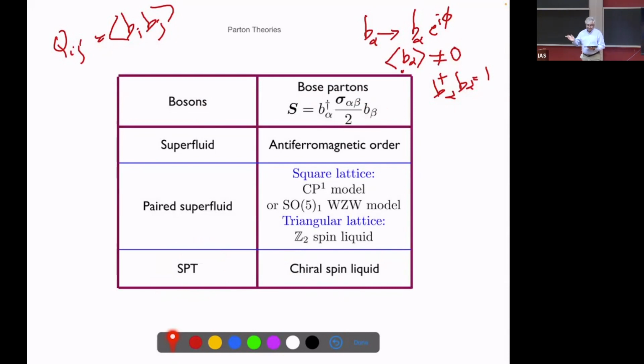But this is a complicated construction and seems not worth the trouble. Why introduce partons if the theory is complicated in terms of partons too? You want to choose partons in a way that you simplify the theory, not make it more complicated. So I won't say anything about that.